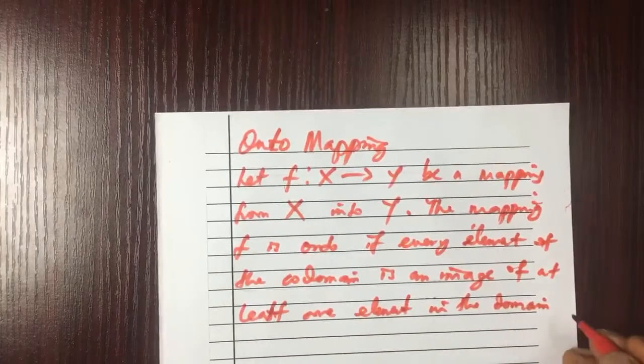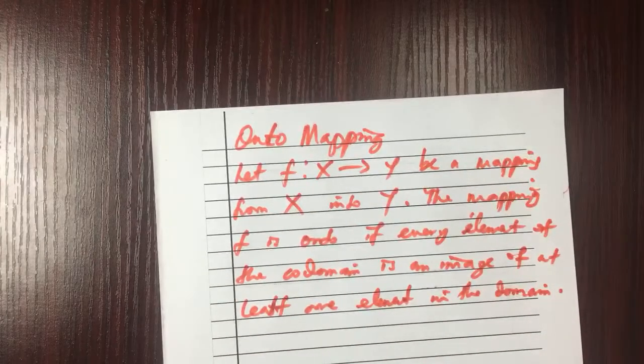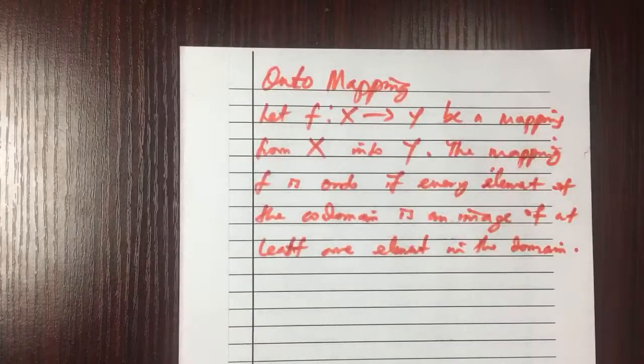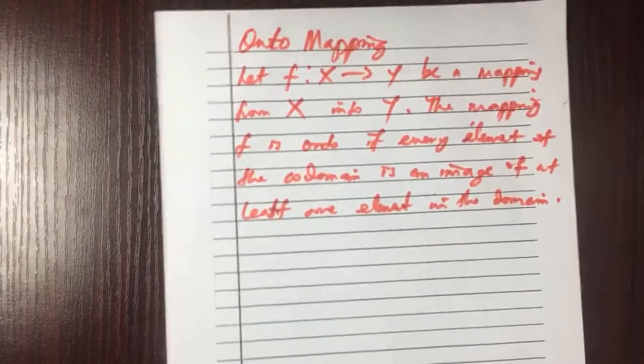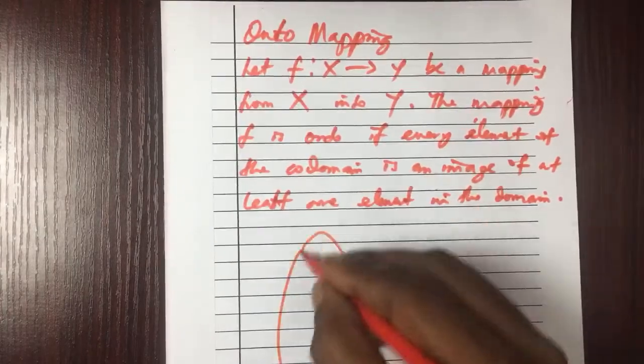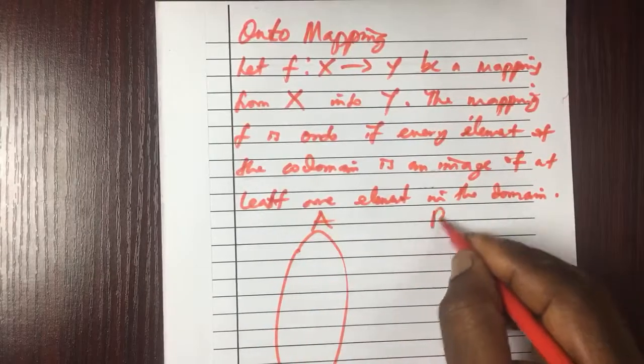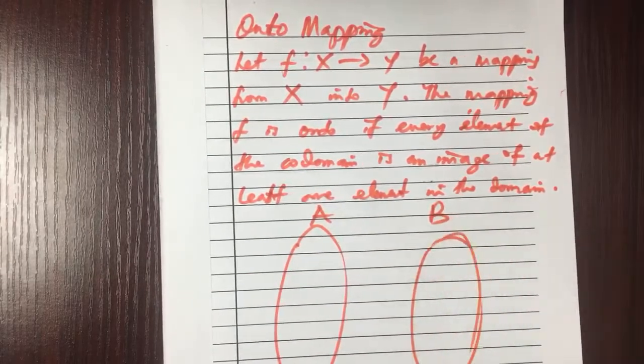So if a mapping is an onto mapping, the first thing you must know is that every element in the codomain of that mapping must be an image of at least one element in the domain. What it means is that this kind of mapping that I'm putting up here is not onto.